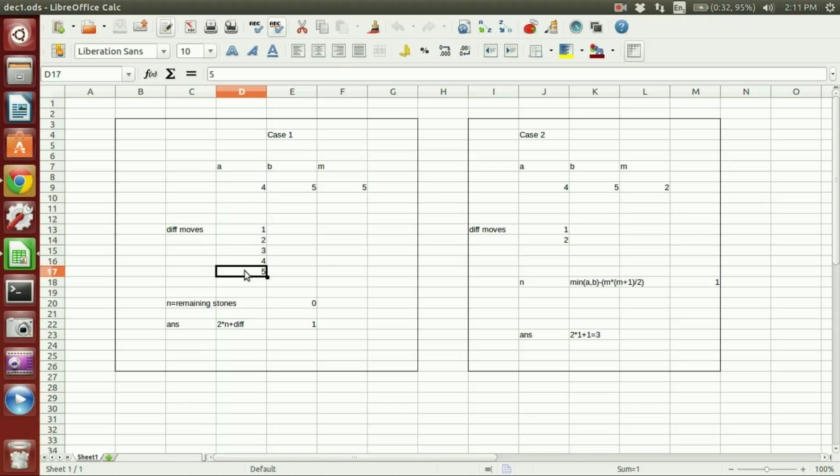Or say 5, we can easily represent as 1 plus 4 or 2 plus 3. We can easily represent all the numbers from 1 to 15 by using these many options once. So the remaining stones for this case would be 0. Why? Because we can entirely empty the minimum pile. Yep, the minimum pile is A, so we can entirely empty it, right?